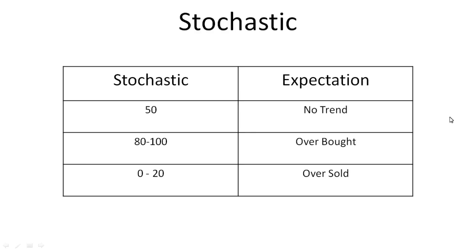Now we use another tool for customized filtration, that is called stochastic. If the stochastic is 50, we can expect no trend, and if the stochastic is between 80 to 100, it is overbought, and if the stochastic is between 0 to 20, it is considered oversold.